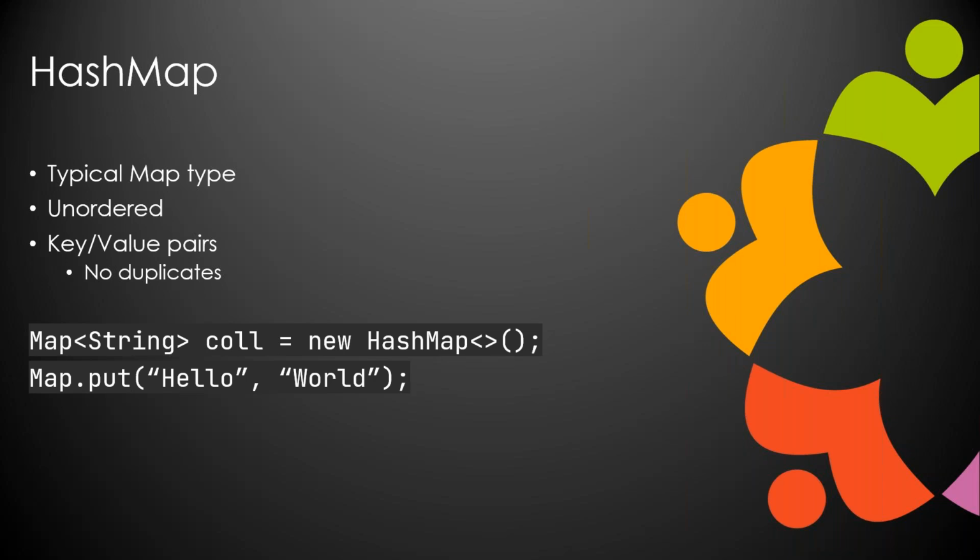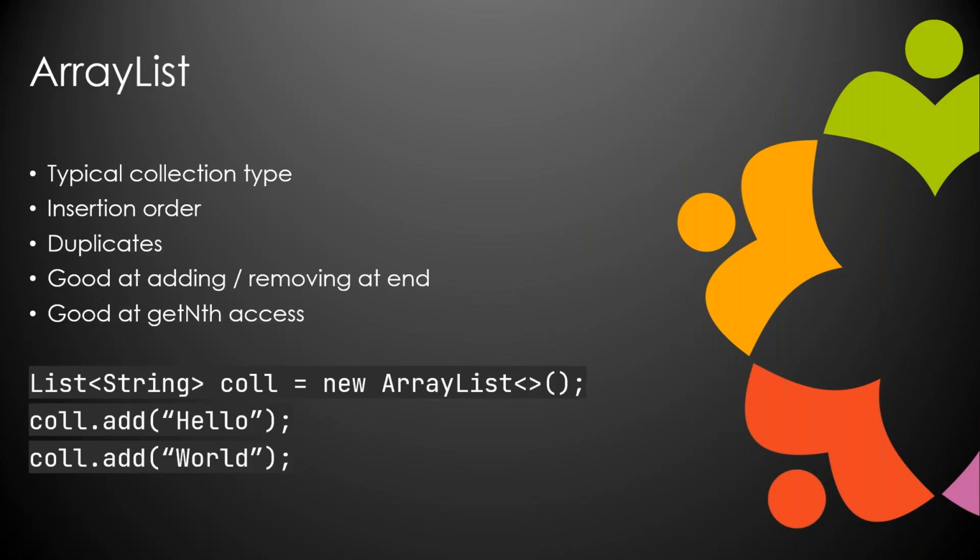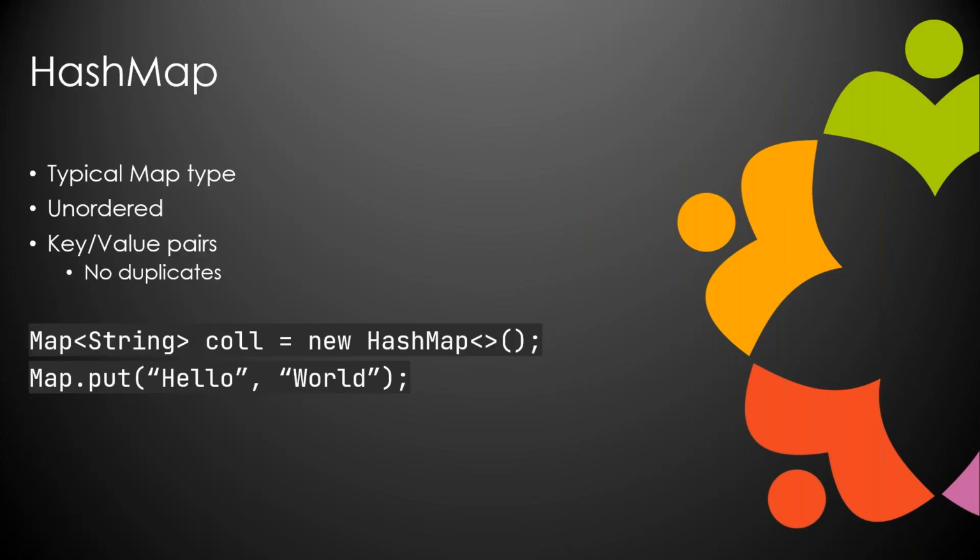A good tip here to bear in mind if you've been using Java for a long time is you'll see that we've got the interface, Map and List, as the declaration here, and the type that it contains, that should be Map<String, String> actually.